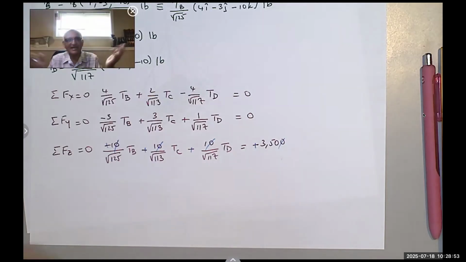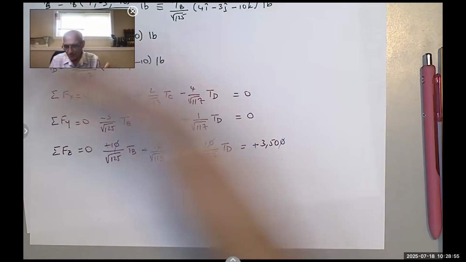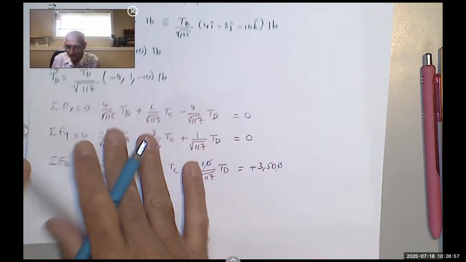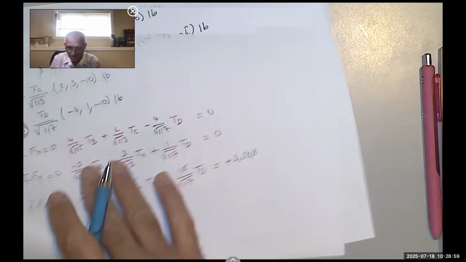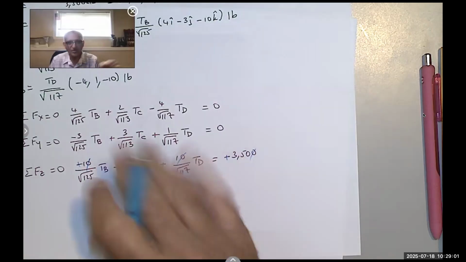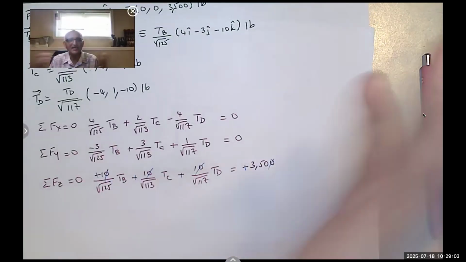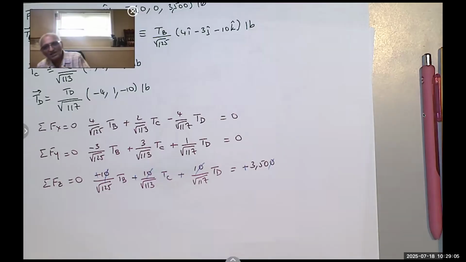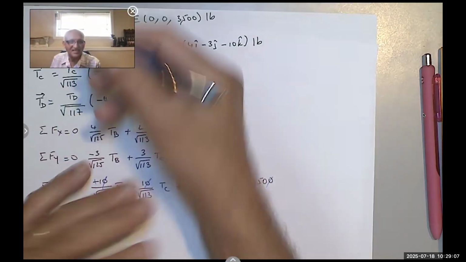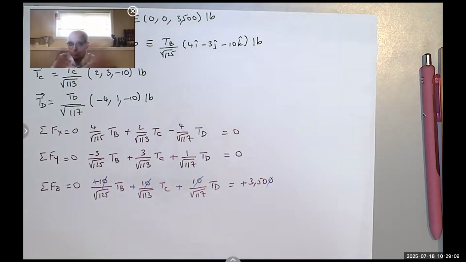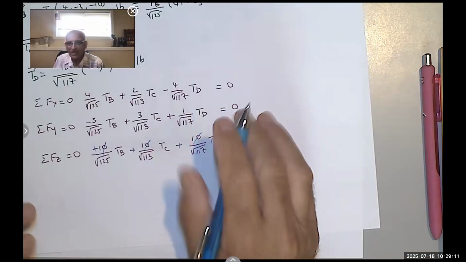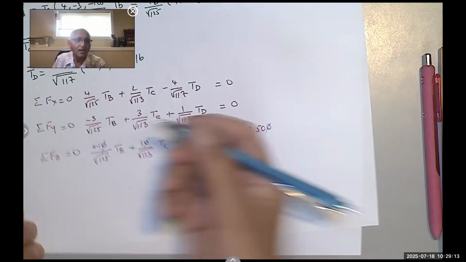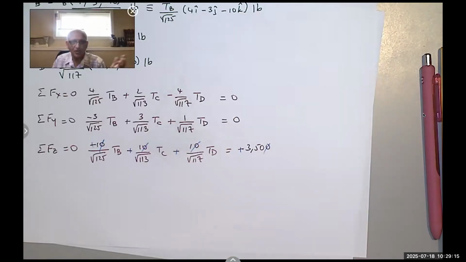I'm going to pick any 3 letters. I can use X, Y, Z, but to reduce confusion, since we are using summation of the force in the X, Y, Z, I'm not going to use those. I'm not even going to use ABC or ABCD because we already said TA, TB, TC. So just to be on the safe side, maybe I can use U, V, and W, 3 letters that we are not using.